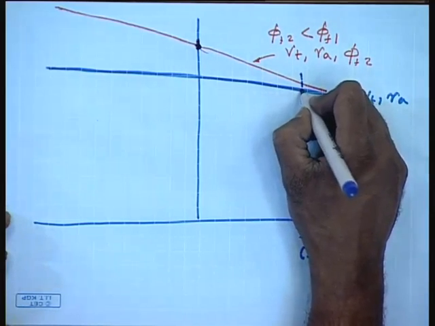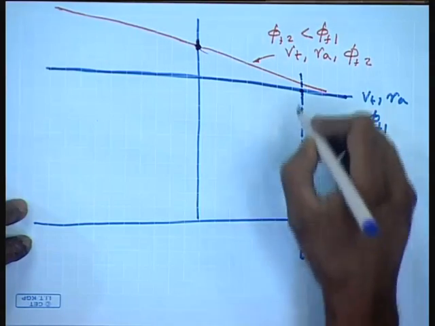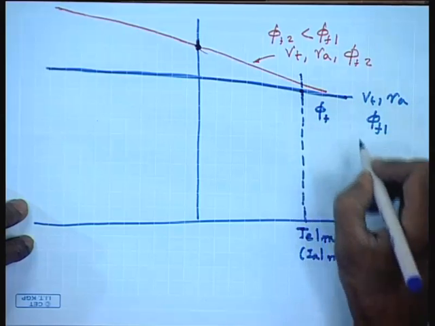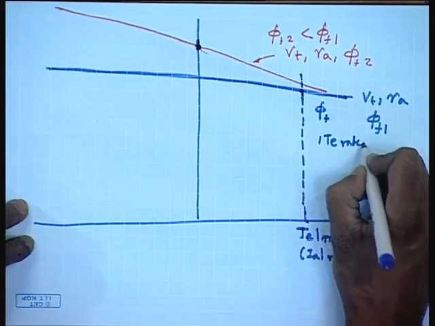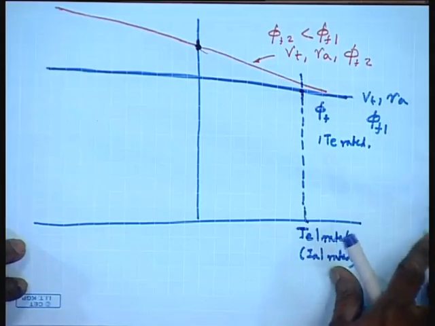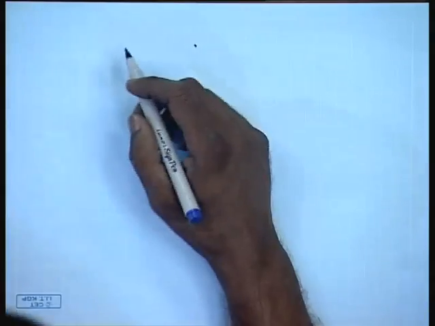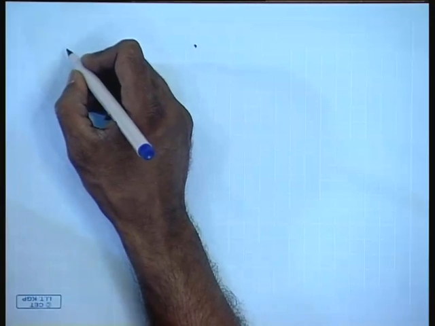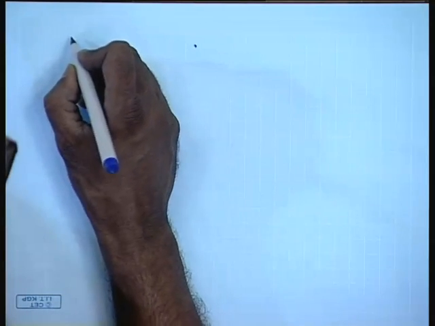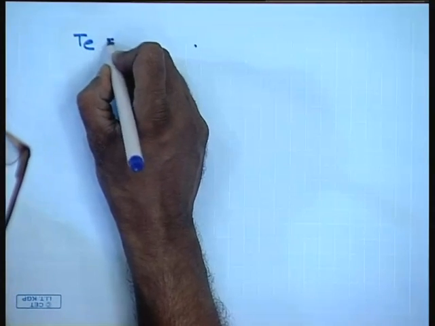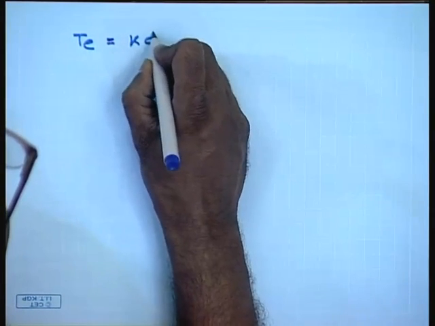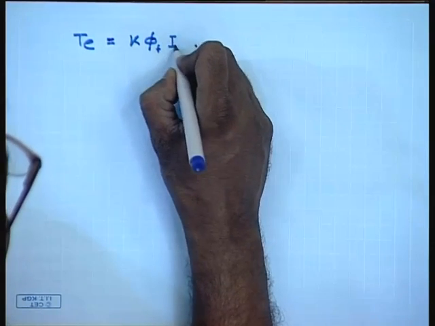So, with rated flux phi f, this is the T_E rated that we can generate. If I reduce the flux, let us say to phi f1, what will happen? The armature current will still remain same. So, the torque generated T_E is K phi f I_A.